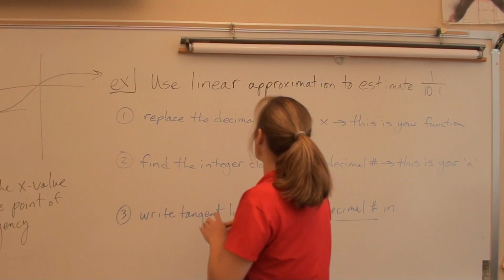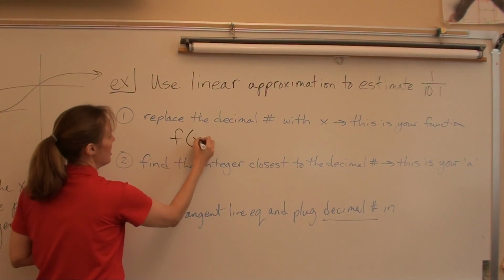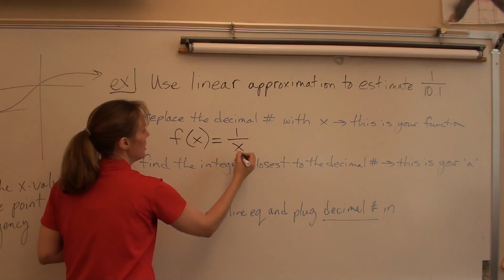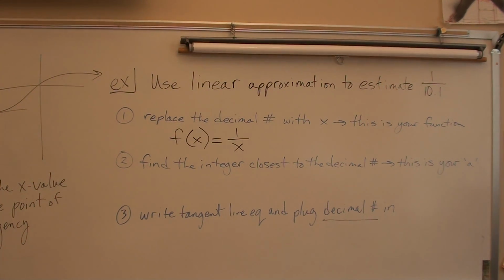So for this one, we have 10.1. If we replace the 10.1 with an x, our function is 1 over x. Because the 10.1 is what you're plugging into your function, so the x is where you plugged it in.